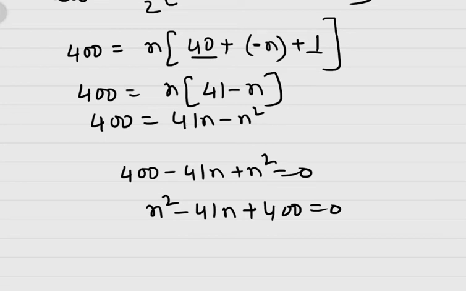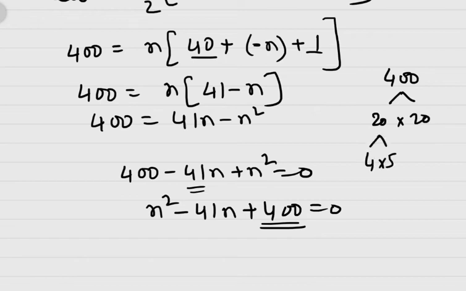Now you have to do the factorization of 400 in such a way that you will get 41. So see, 400 can be written as 20 into 20, and then 20 can be written as 4 into 5.